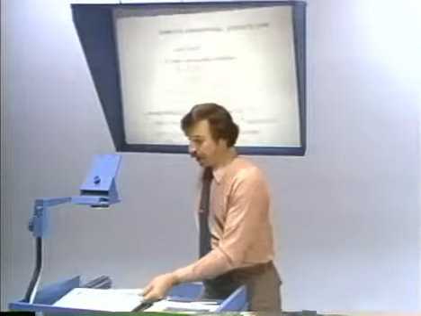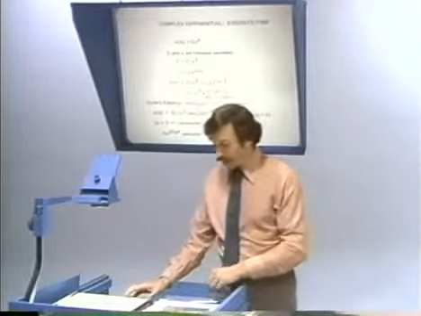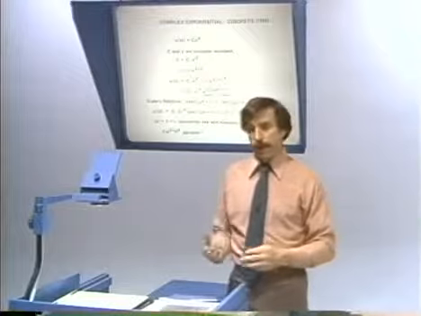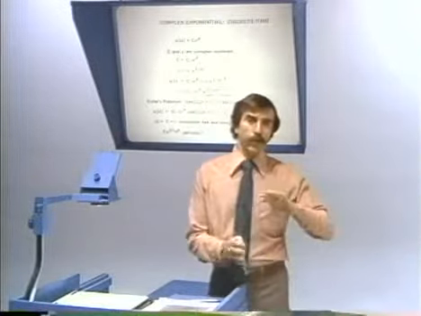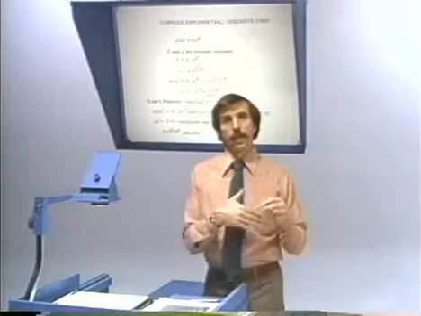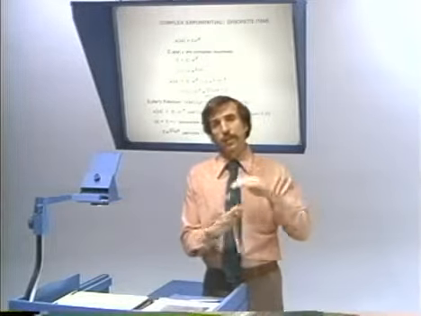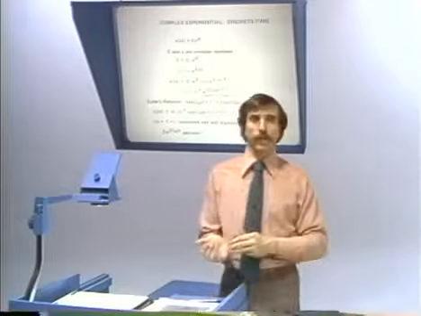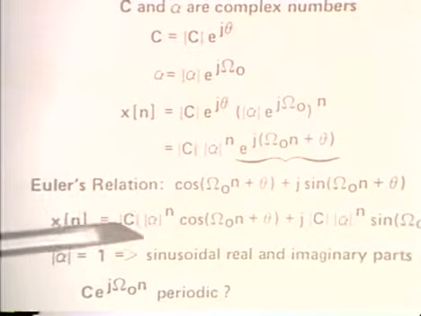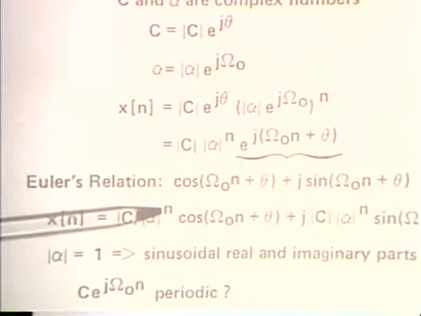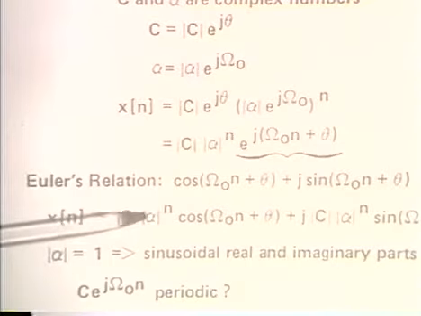Okay, now in the discrete time case then, we have a result similar to the continuous time case, namely components in the real and imaginary part that have a real exponential factor times a sinusoid. Of course, if the magnitude of alpha is equal to 1, then this factor disappears, or is equal to 1, and this factor is equal to 1.